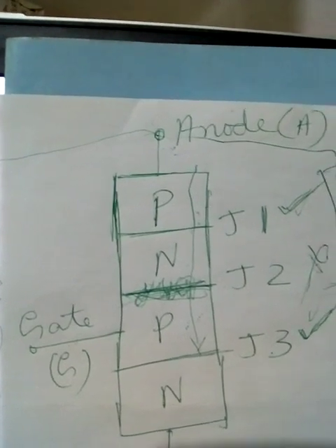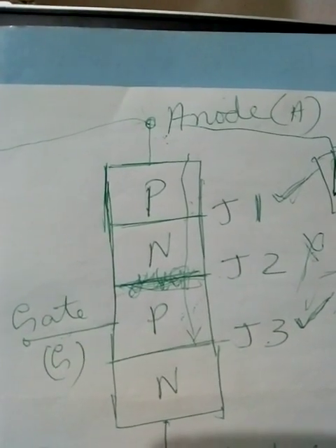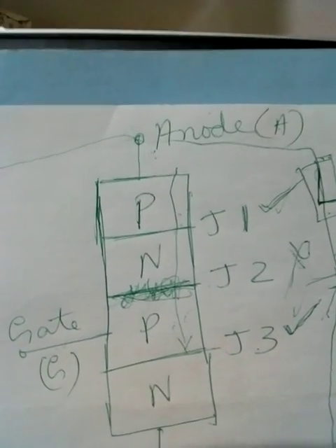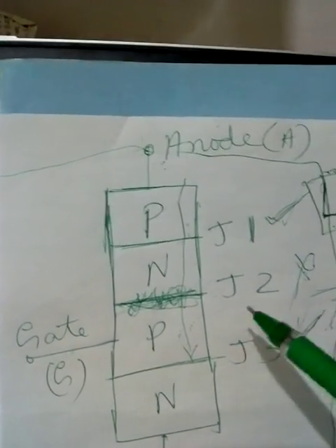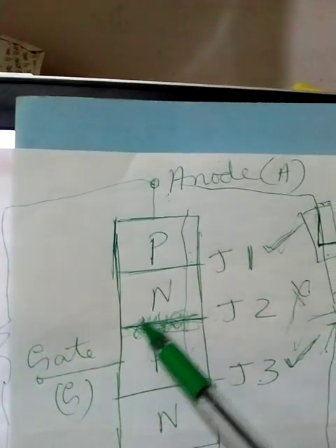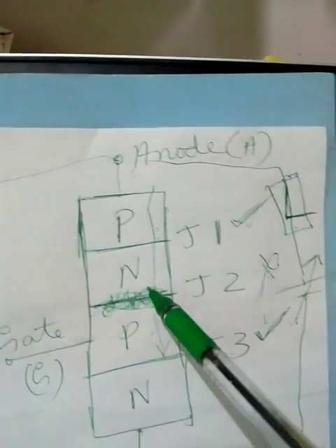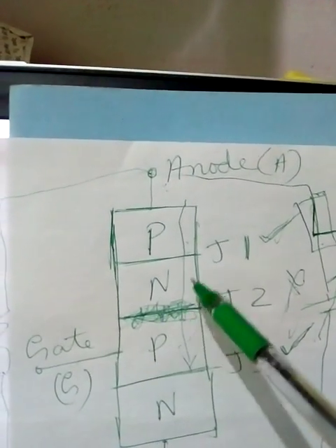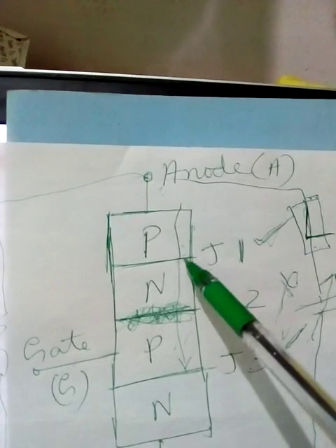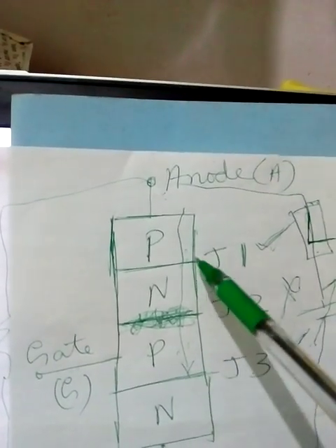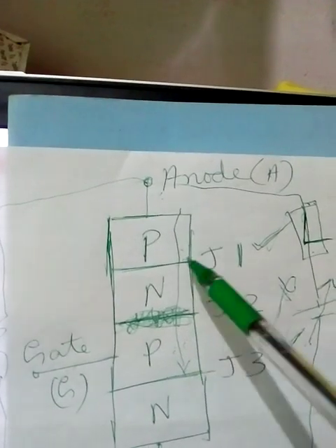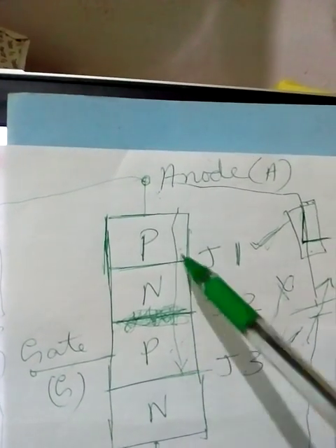As the voltage increases gradually, a certain point is reached when this junction breaks down. It loses its capacity to block. Then this junction conducts heavily, because these two junctions are already ready to conduct.